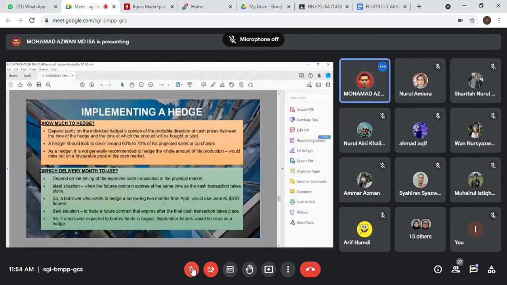You have to choose March 22 if you hedge your borrowing in January 22. Kalau you have only March, June, September, December, June is too far, too long. The closest contract available is March 2022. Okay tak? Faham tak?